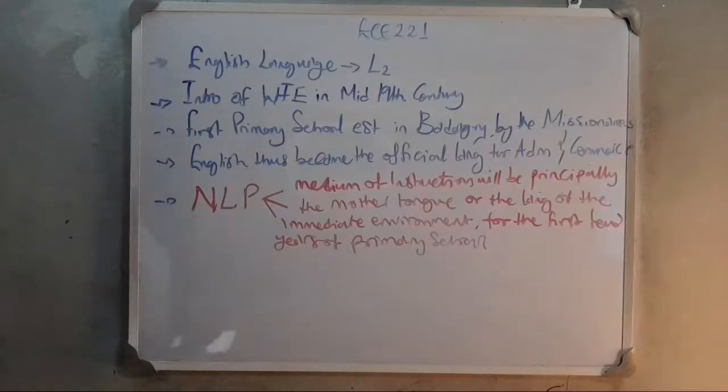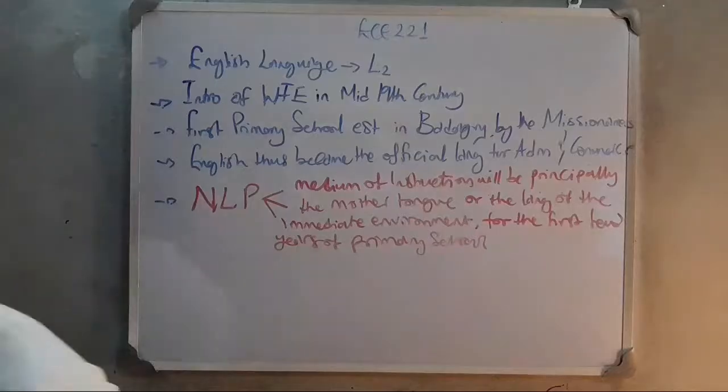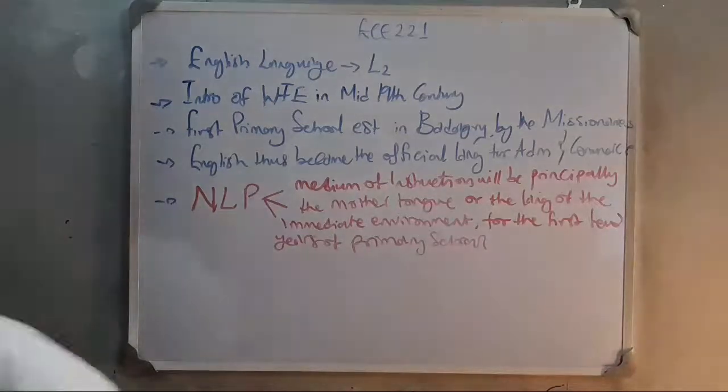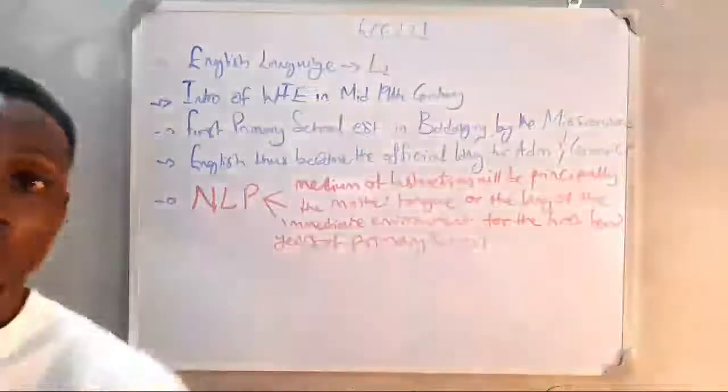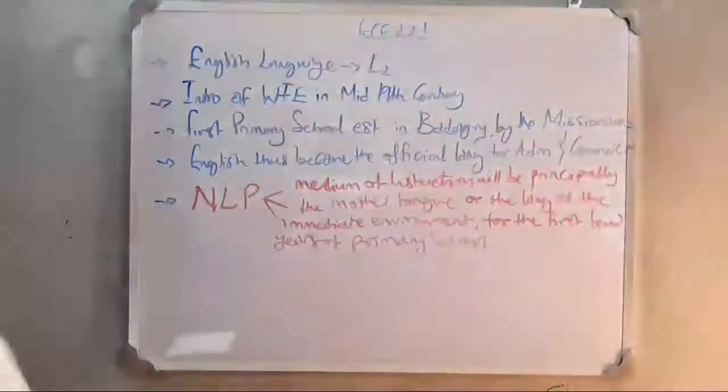So now, sociologically, this means a means of identification among members of the community which the child belongs to. In a country we have different societies, different ethnic groups.